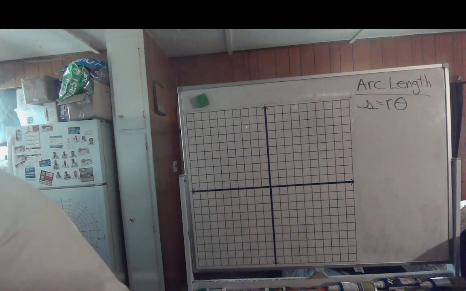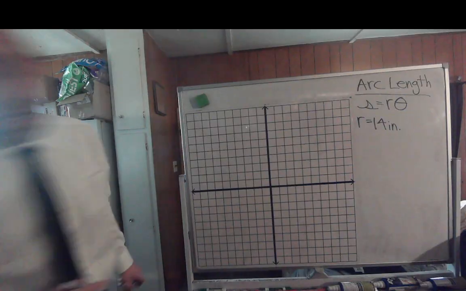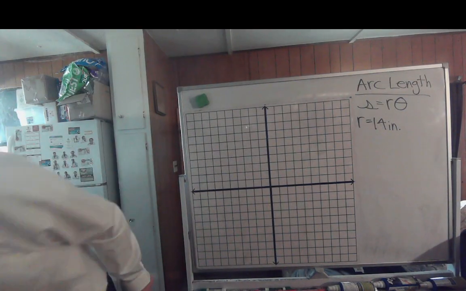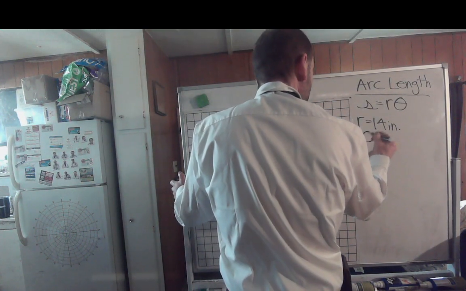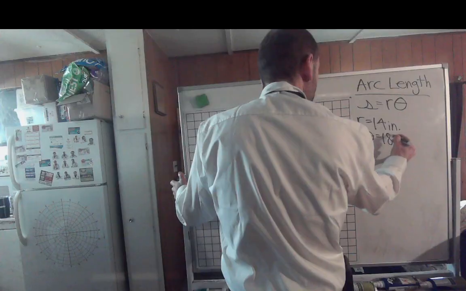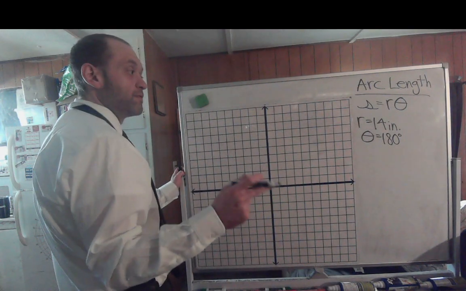So let's say in this case you have a radius equal to 14 inches. And your angle is 180 degrees. Well, you probably would want to convert that 180 degrees to radians, which we know is pi radians.